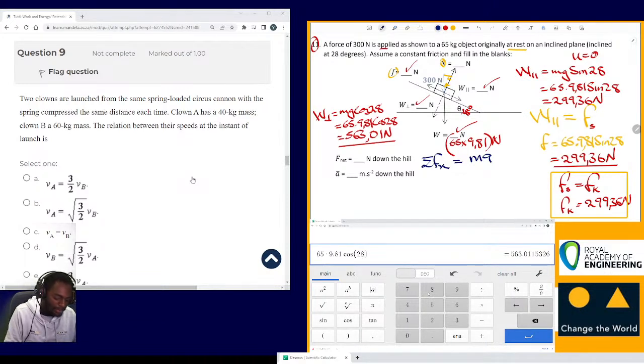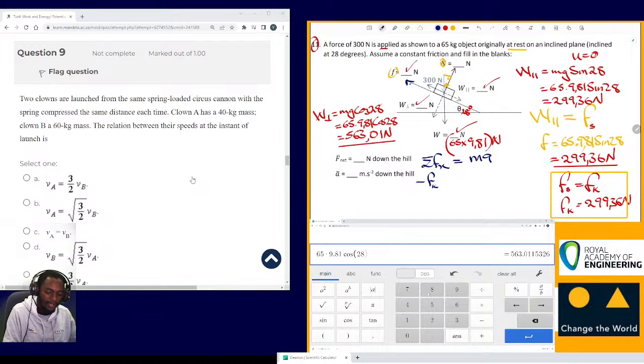We have the frictional force, which is acting in the negative direction, so it's negative F, and this is our kinetic friction. This is the only force acting in the negative direction. Which other forces do we have?